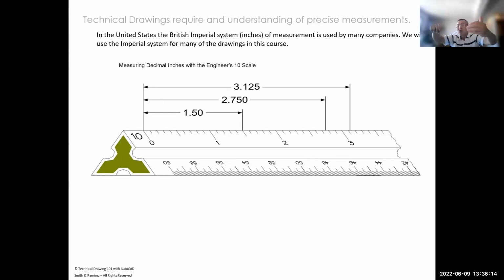So it's suitable for precision measurement. But the strong thing about metrics is that 1 meter equals 1,000 millimeters, and you just move the decimal place easily. The big problem in the English unit is that 1 foot equals 12 inches.